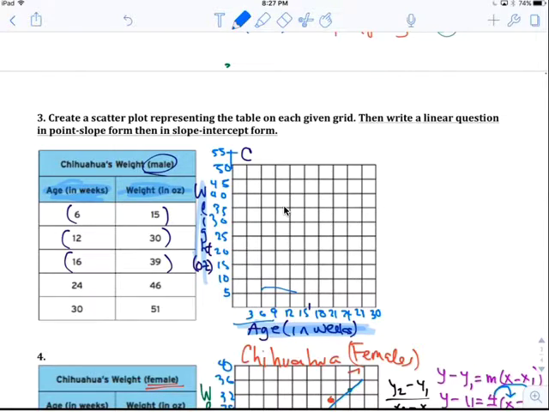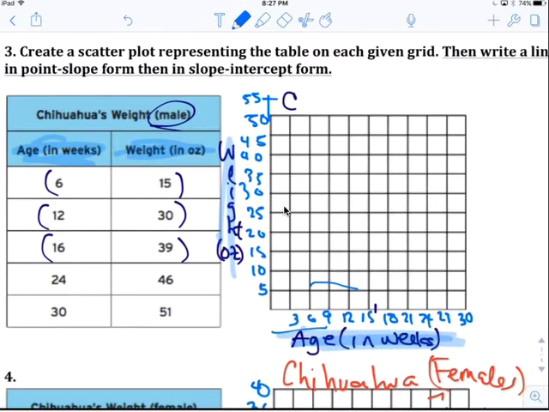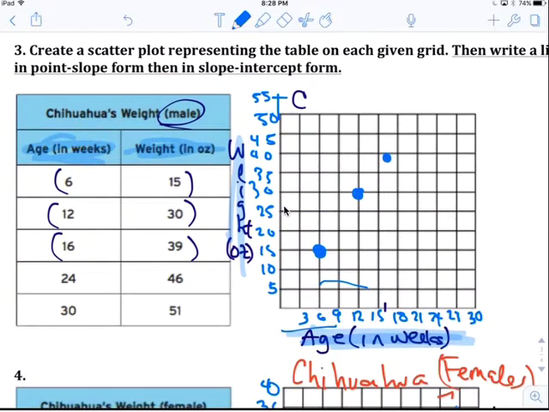Okay, 6 weeks, 15 pounds right here. 12 weeks, 30 pounds, which is right there. 16 and 39, right there. 24, 46, which is about right there, and 30, 51, somewhere there.